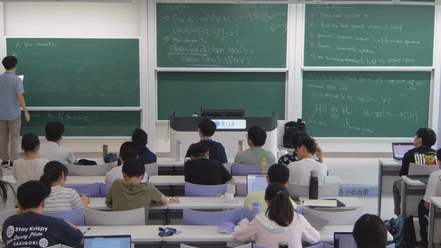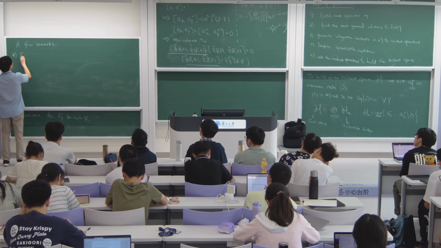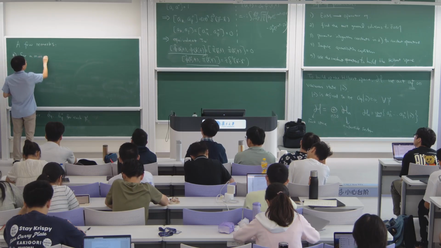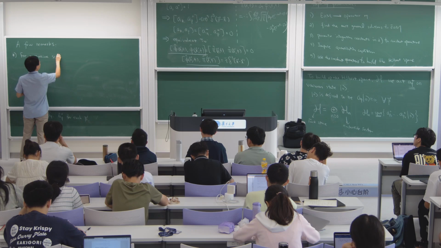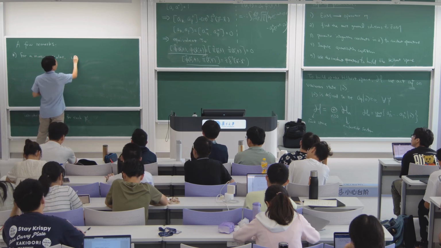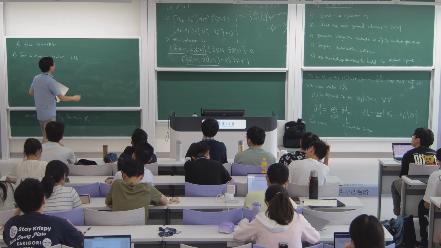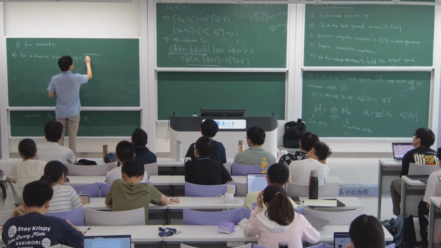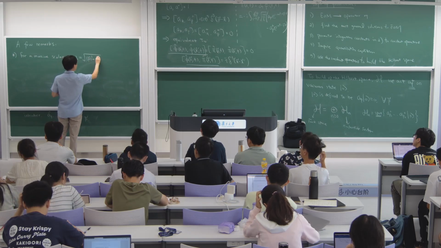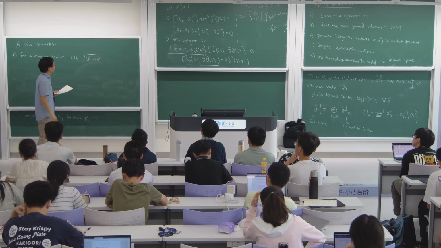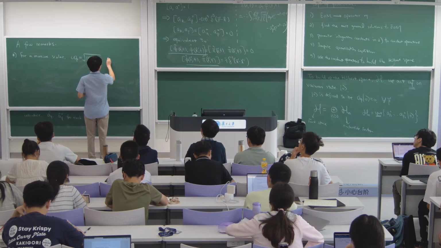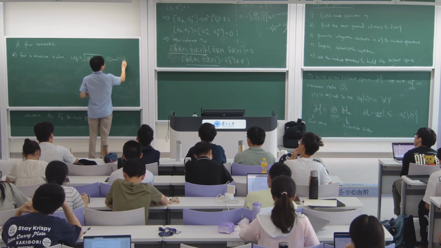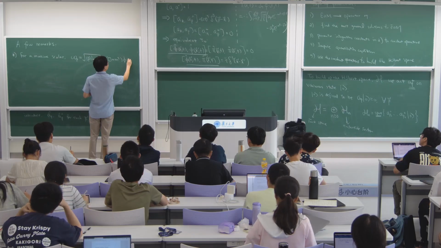Also, about massive fields. As mentioned, for a massive scalar, omega is defined in a different way. Let's put omega p. For the massive case, this will be the square root of p squared plus m squared. The equation of motion of the scalar now becomes box plus m squared acting on phi.